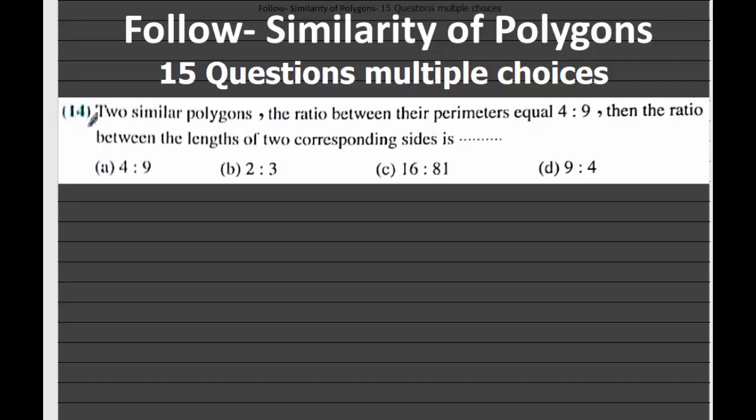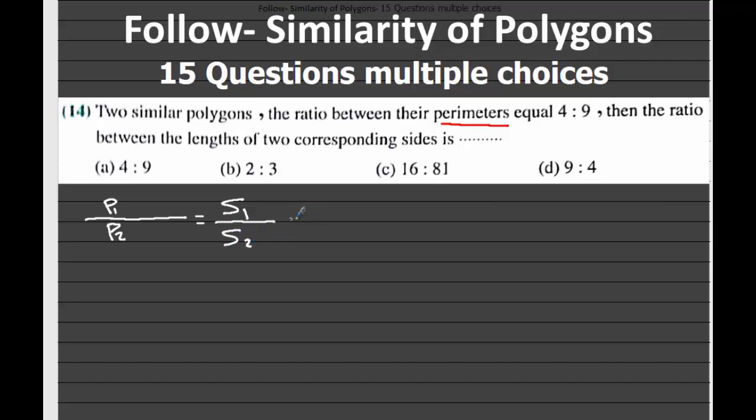Question number 14. Two similar polygons, the ratio between their perimeters equals 4 to 9. Then the ratio between the lengths of the corresponding sides is? We know from the rule that the ratio between the two perimeters, P1 to P2, equals the ratio between two corresponding sides from the first polygon to the second polygon, S1 to S2.